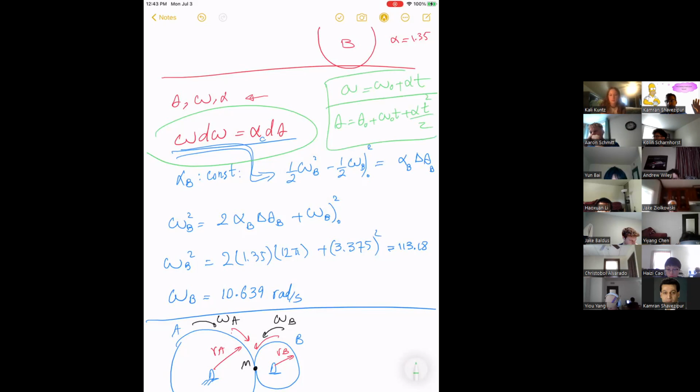You cannot pick information from A and mix it with information from B, because they're different rigid bodies. Does that make sense?